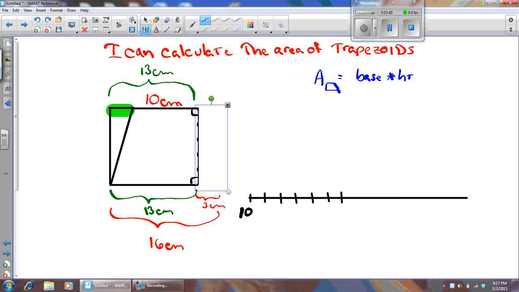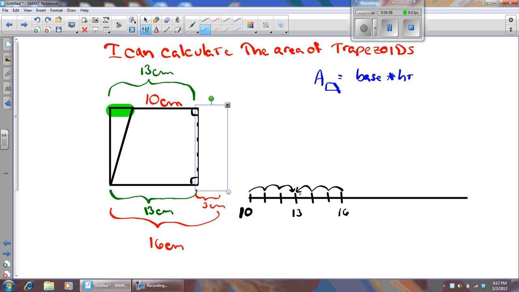So there's 10. Just write them smaller. And 16 is here. And if I find the number that's in the middle, I go 1, 2, 3. That would be this number here. Isn't that 13? I mean, I go 1, 2, 3, right? And then 1, 2, 3. Gone 3 spaces on each side. 13 smack dab in the middle.